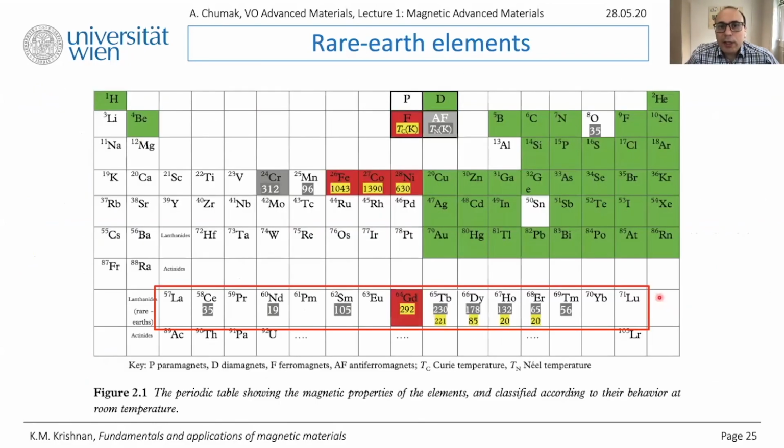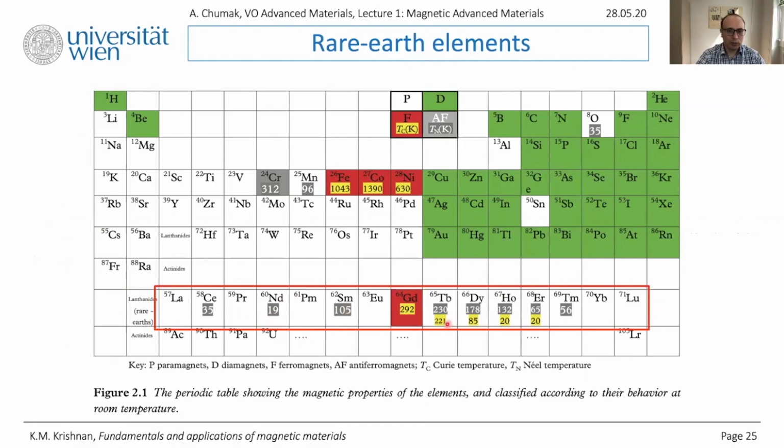Okay, and now I would like to make a little detour and focus on lanthanide metals. This is the periodic table of elements, and lanthanides are shown here. These are materials, and you see that some of them are paramagnetic, and some show antiferromagnetic behavior at very low temperature.